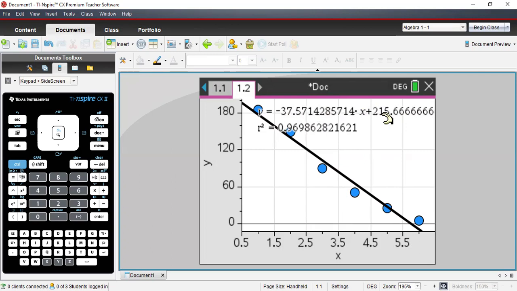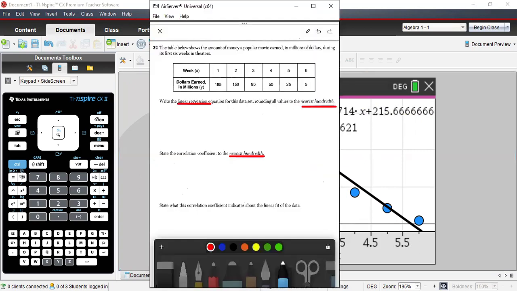This is 215.666, so we round it to 215.67. So let me write that down. This is going to be y equals negative 37.57x plus 215.67. If you do that, that's worth 2 points.